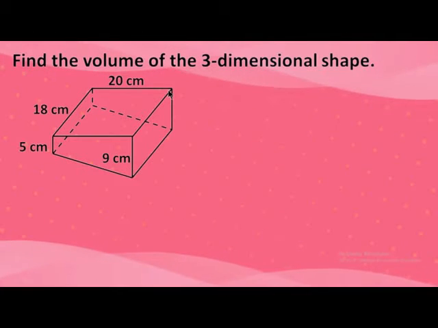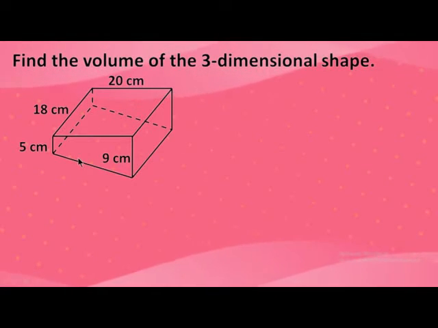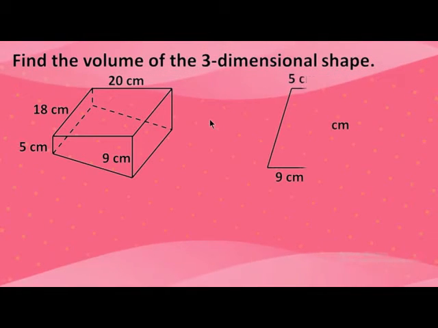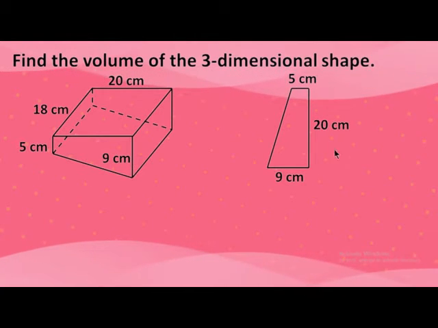Now let's jump to the example. Find the volume of the three-dimensional shape. As you can see here, this is a prism. In order to find the volume of a prism, you have to identify which sides are the cross-section, and we have done two. The cross-section is this side and also this side. I have put the numbers of the measurements here.